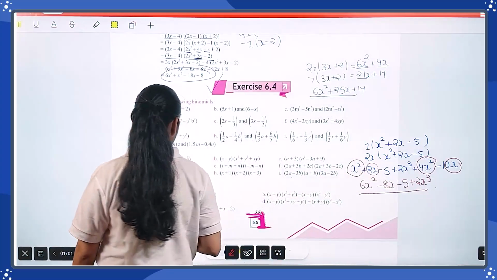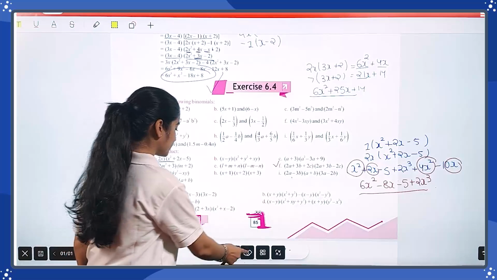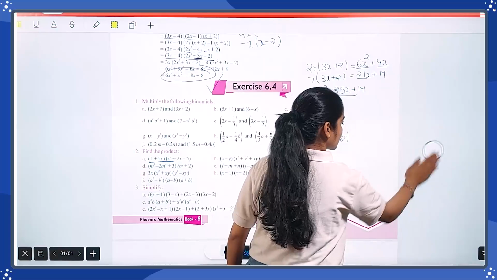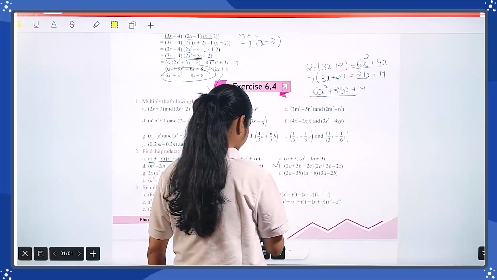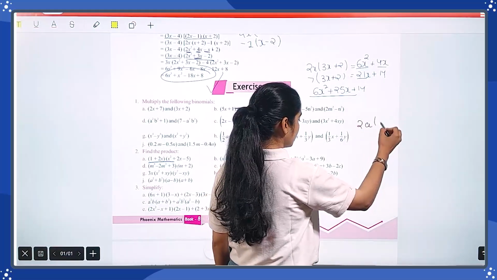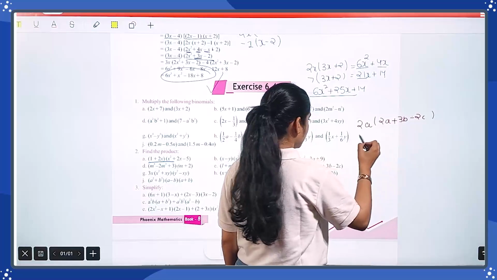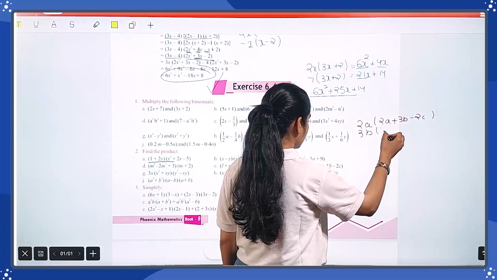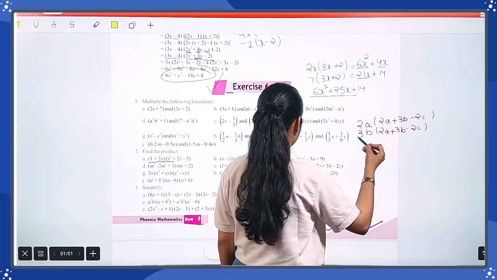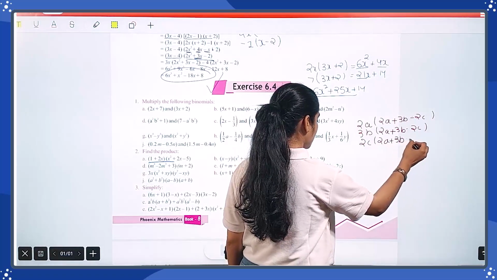Okay. Next we have, if we want to take the difficult one, so take this one, f. 2a plus 3b plus 2c, 2a plus 3b minus 2c.